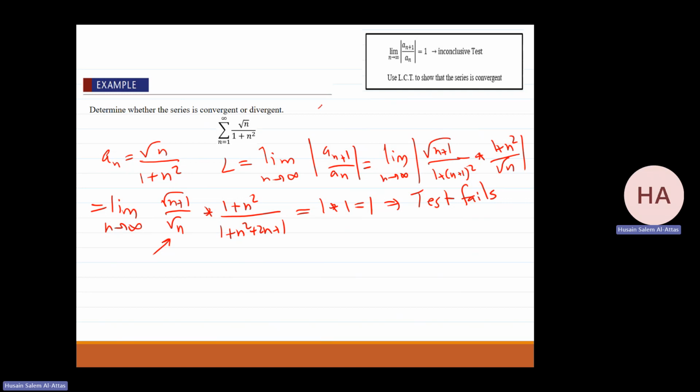Since the powers are very clear, take Bn as 1 over n to the power 3 over 2.